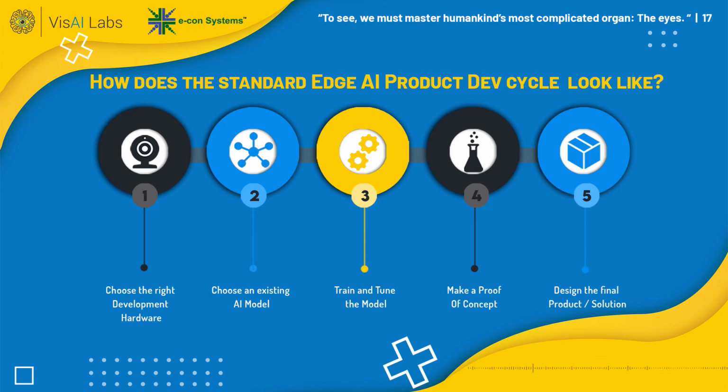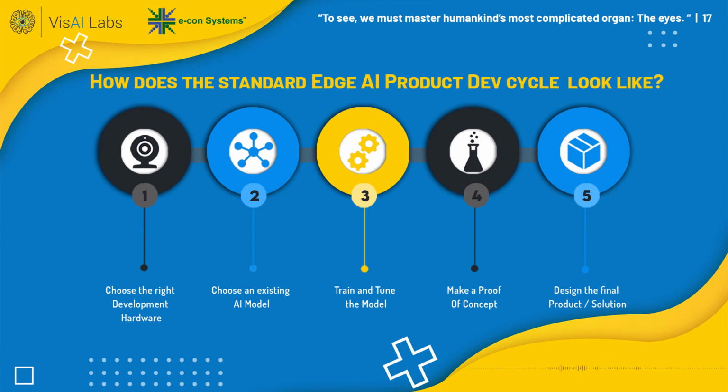The first thing that you have to start with is making a proof of concept. Have a goal for your algorithm, and then see how much you can get there with your dev kit, an existing model, and a camera, and then fine tune the model or the algorithm. And if required, if you understand that it is going to be a big problem, or if this particular existing model is not going to solve your problem, then you could think about designing your own model and trying to resolve the problem.